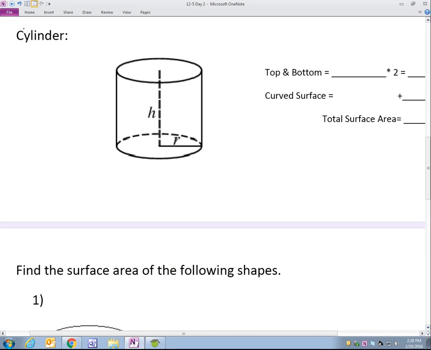So going back to what we're looking at now, whenever I want to find the surface area, we're going to find the surface area of a rectangle, and we're going to find the surface area of 2 circles. So we just need to find the area of a circle. What is the formula for the area of a circle?